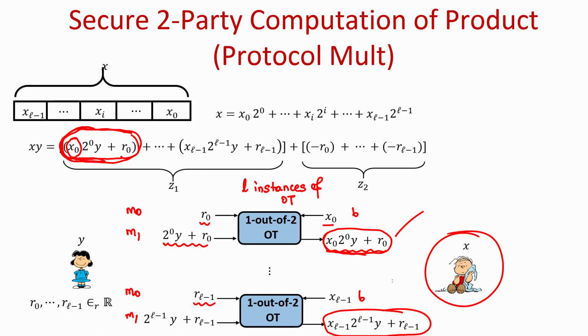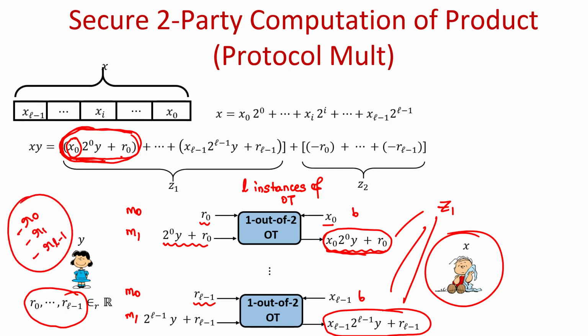He sums up all the received values in all the OT instances, and that will be Z1. All these mask values are picked by the owner of Y. She can compute the additive inverse of these masks and sum them up, and hence she will get Z2, and hence the requirements of the mult protocol are satisfied.